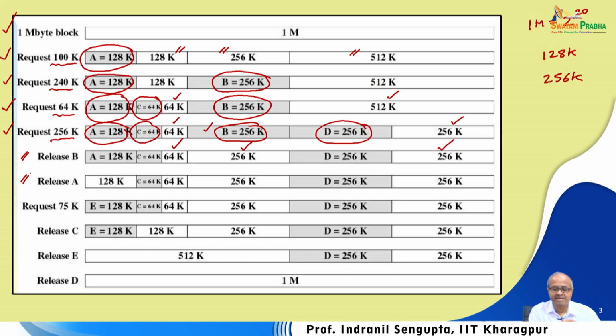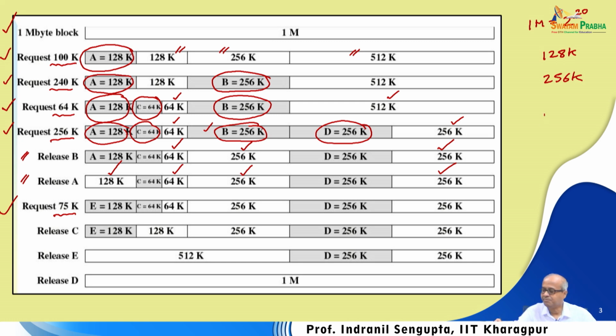Next, let us say A has finished. So, A is also releasing 128K. So, now your free space is 128K, 64K, 256K and again 256K here. Now, some other process is requesting another 75K. 75 is not a power of 2.